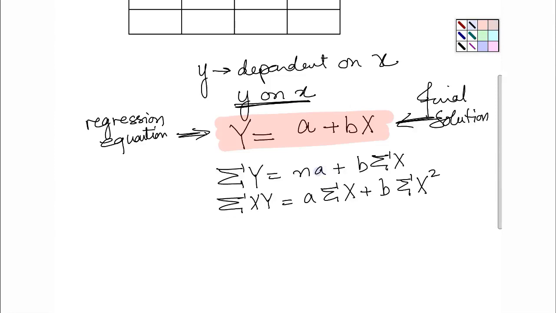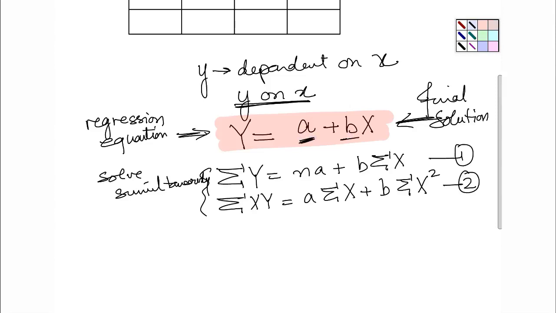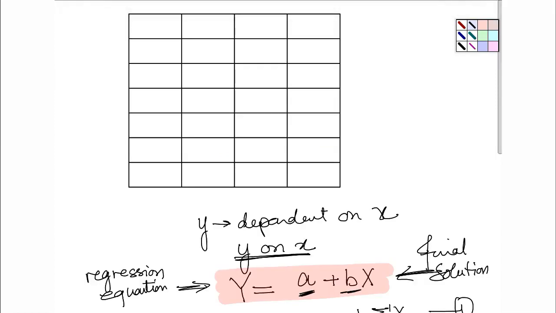No x or variable was available here, so we get an x. So these will be my two equations which I will solve simultaneously, and I'll get the values of these a and b coefficients that are defining the relationship between x and y.